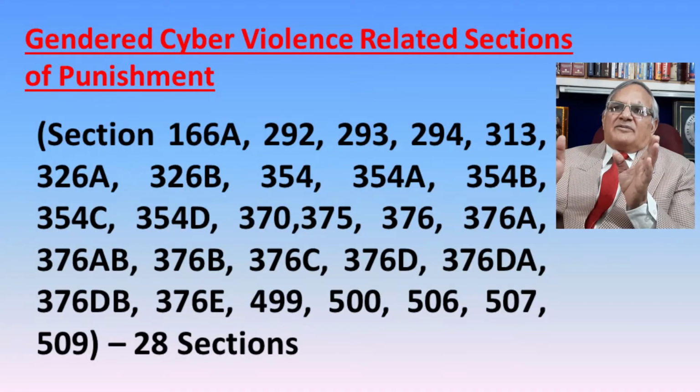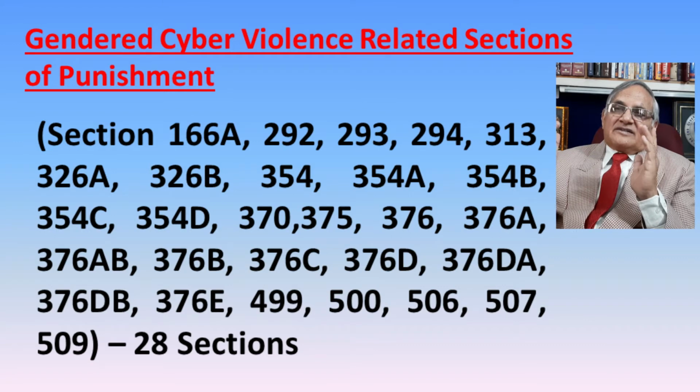Students, cognizable means where police can take action without the permission of the magistrate. So section 293 deals with obscene objects sold to a young person. 292 is obscene material selling and all that. And 293: whoever sells, lets to hire, distributes, exhibits or circulates to any person under the age of 20 years.